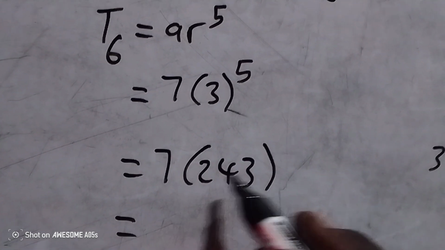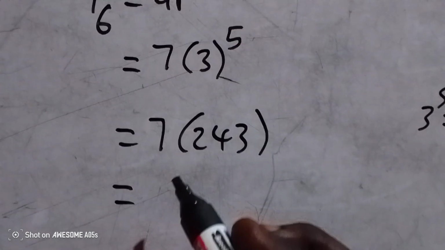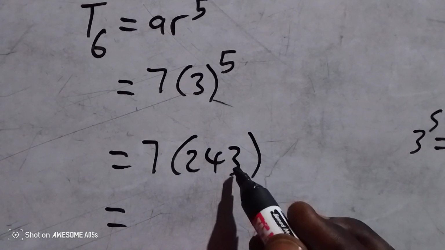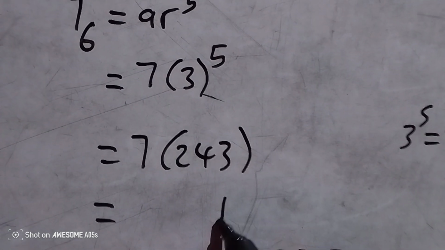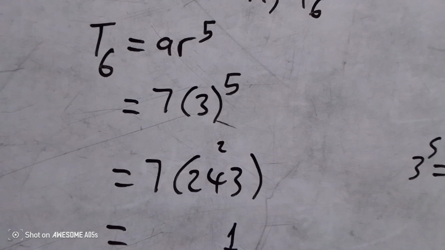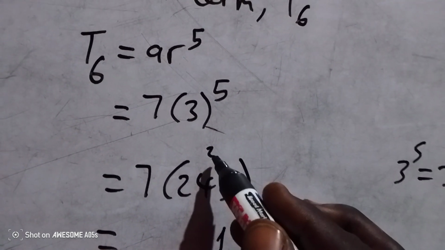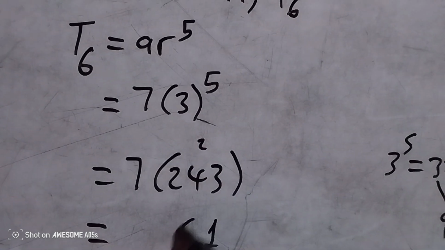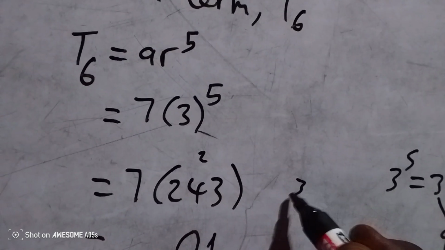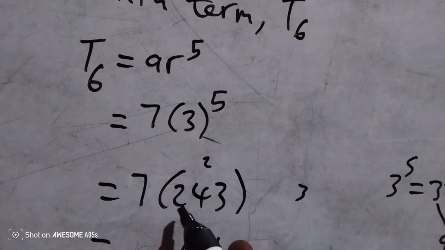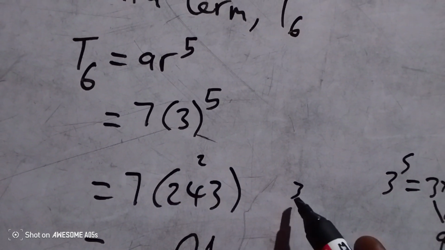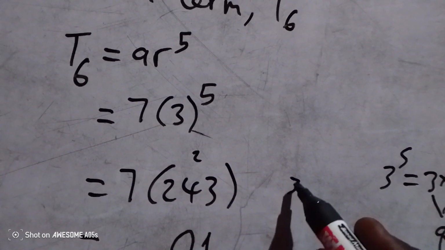Then we are multiplying 7 by 243. So we can just say 7 times 3, which is 21, we write 1, then carry 2. 7 times 4 is 28, plus 2, 30. We write 0, carry a 3. Then 7 times 2 is 14, plus 3, 17.